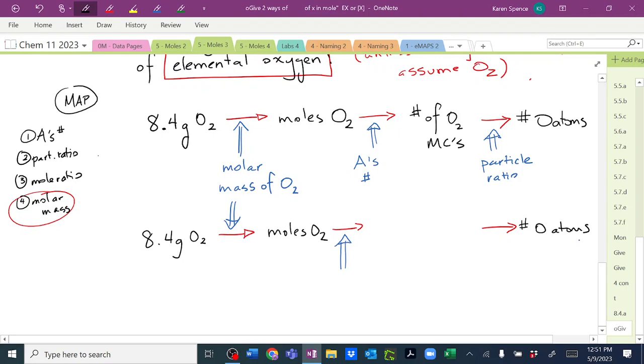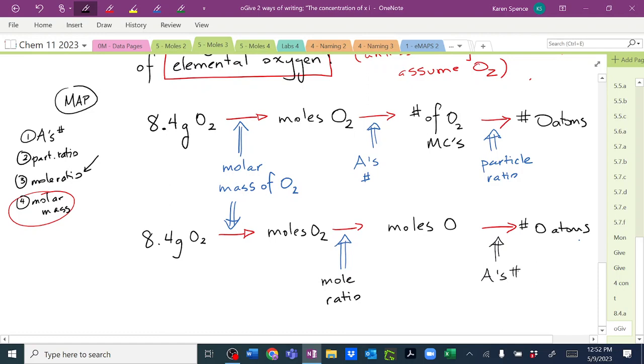We can use the mole ratio to convert from moles of O2 to moles of O. And then once we have the moles of O, we could use Avogadro's number to go to the number of particles.